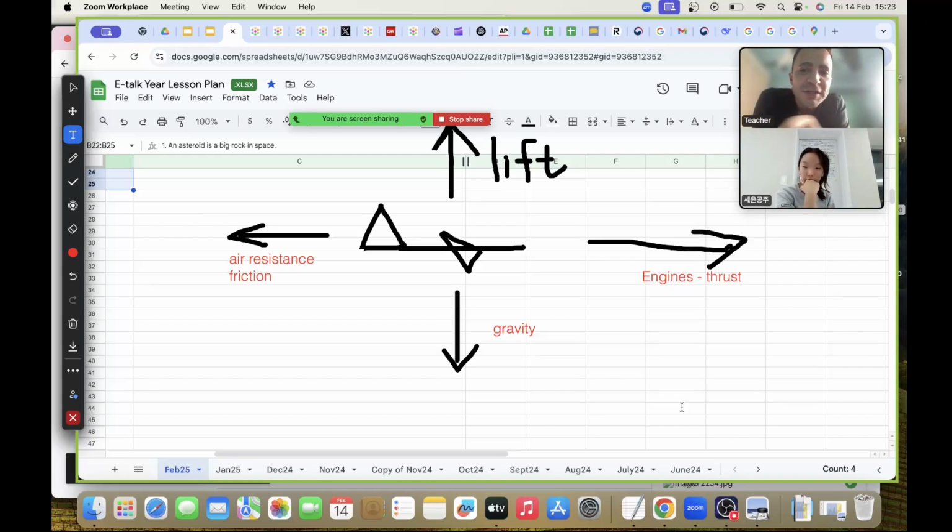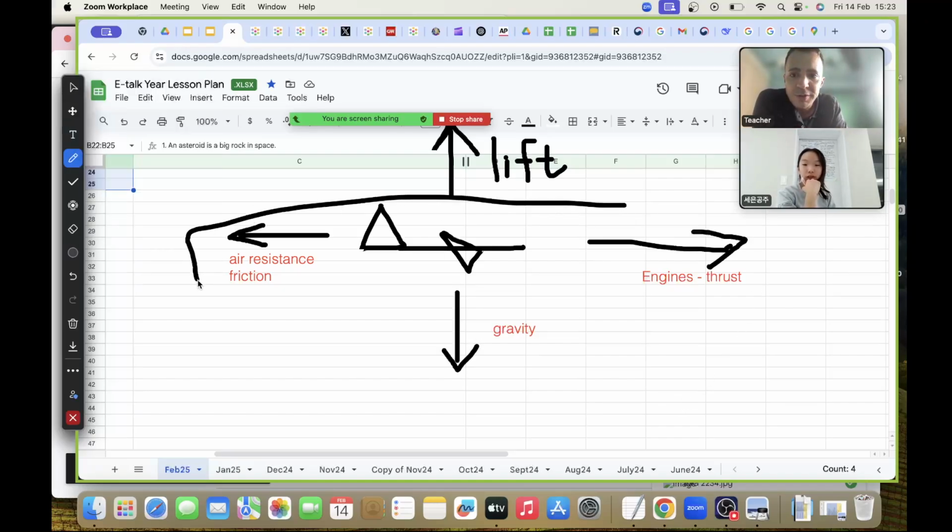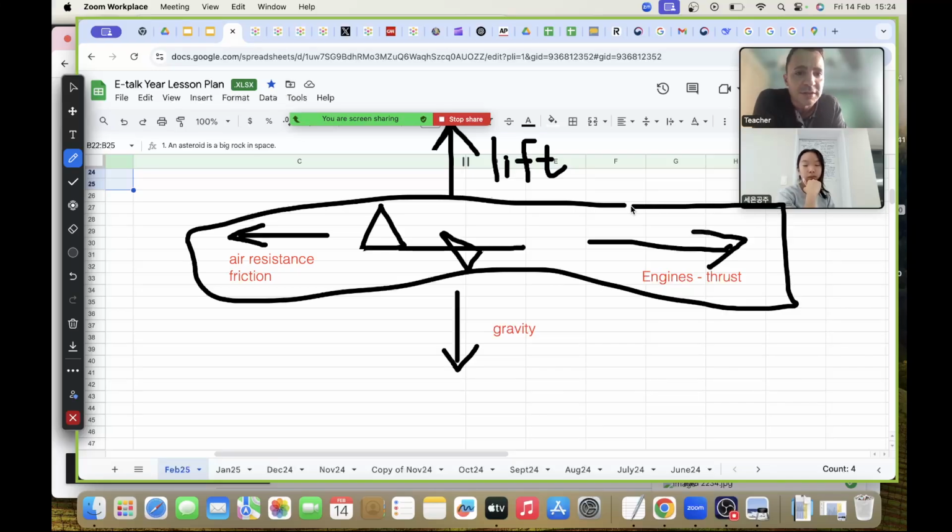What about the thrust and the air resistance? Which one is greater? Air resistance. Can you make a sentence for me? Air resistance will be stronger. Why? So now we are comparing the air resistance and the thrust.